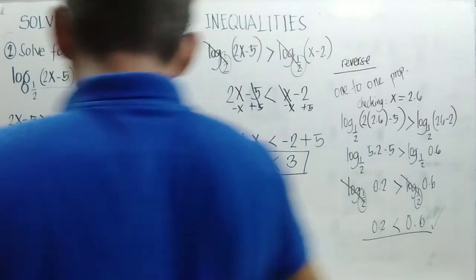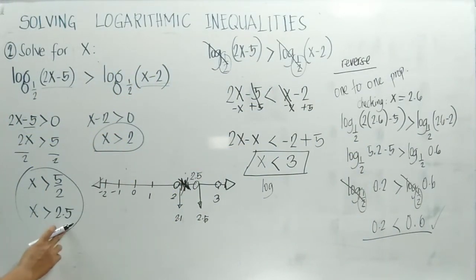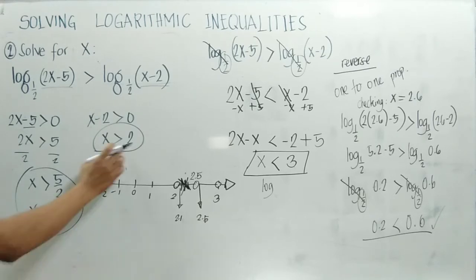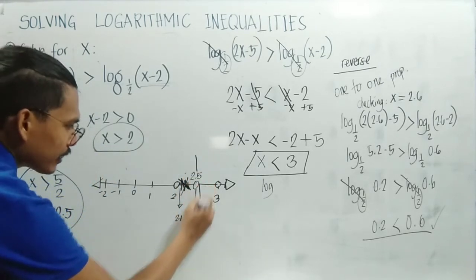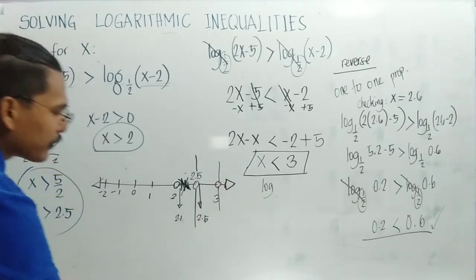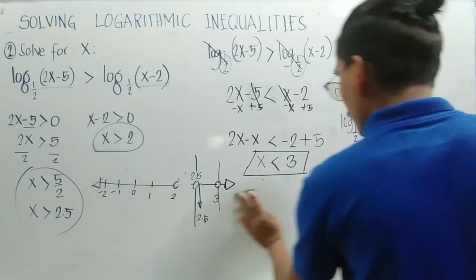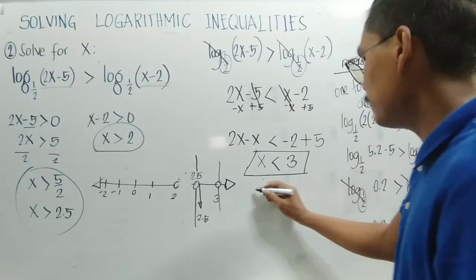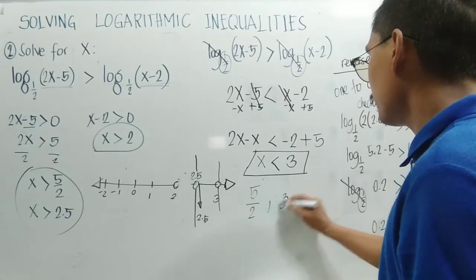So we can be sure between x is greater than 2 and x is greater than 2.5 where our interval will be bounded. So we can say that our interval will be bounded from 2.5 to 3. Therefore, our solution set is from 5/2 or 2.5 until positive 3.